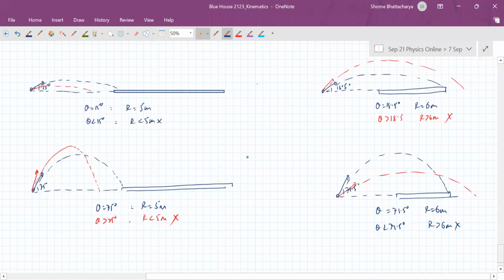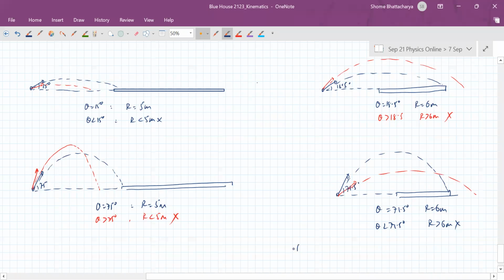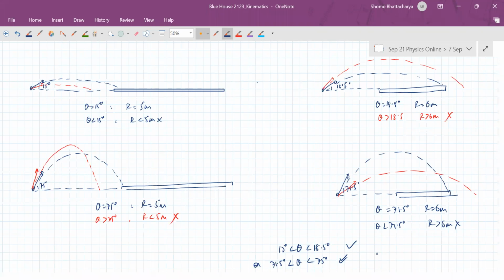So when you combine these statements, theta has to be either between 15 degrees and 18.5 degrees, or between 71.5 degrees and 75 degrees. So these are the two ranges of theta for which you will hit that region between 5 meters and 6 meters in range.